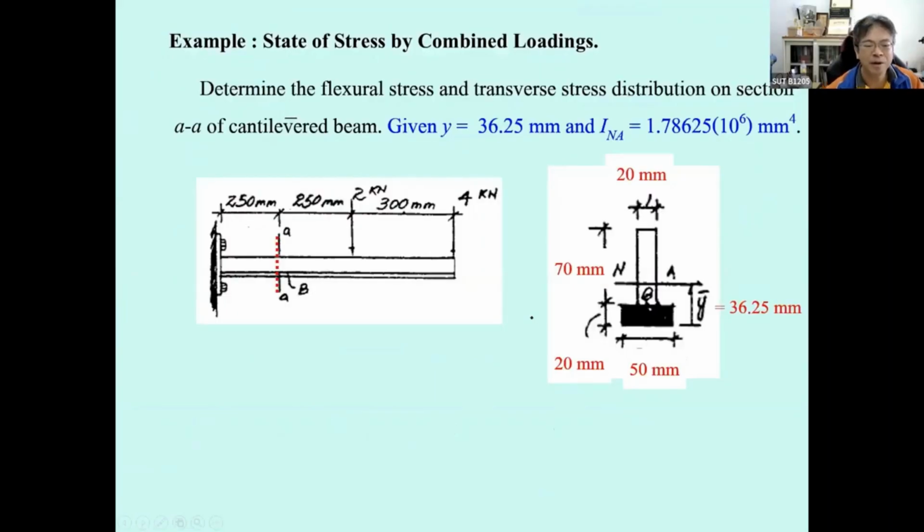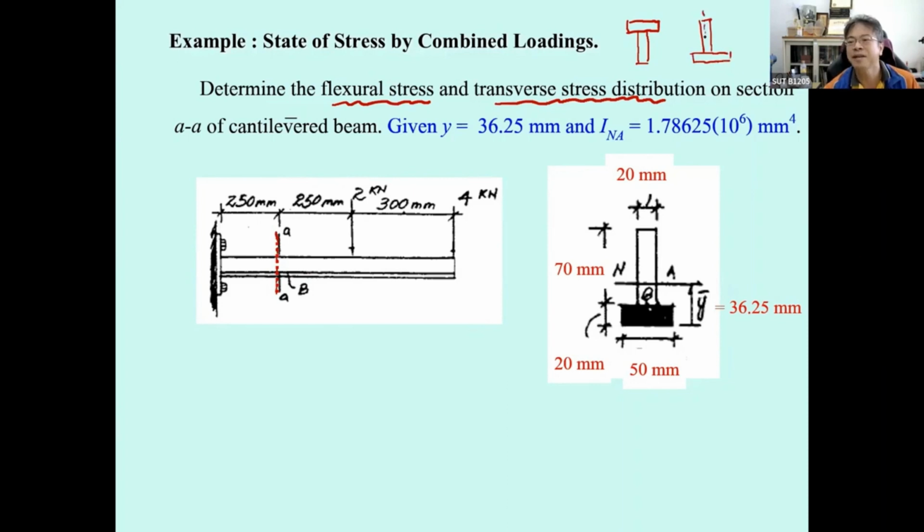For this example, we would like to determine the flexural stress and transverse stress distribution on this reverse T section. Usually, the T section is like this, but in the examination, Ajahn just reversed the section to be like this.